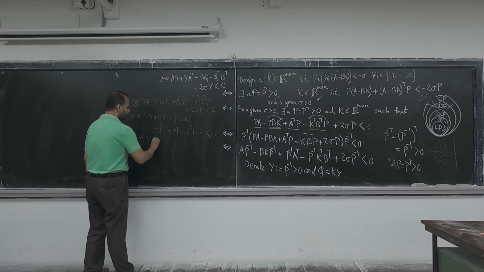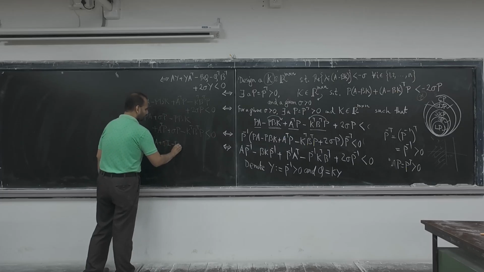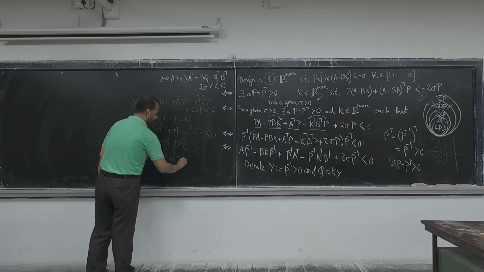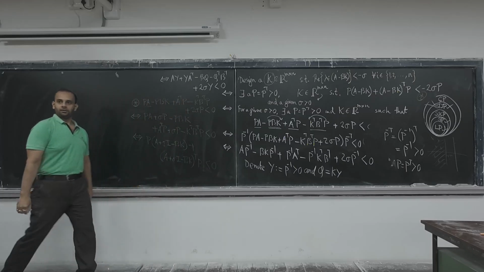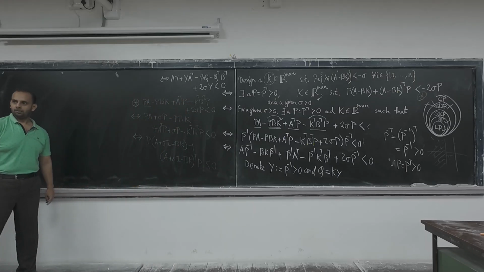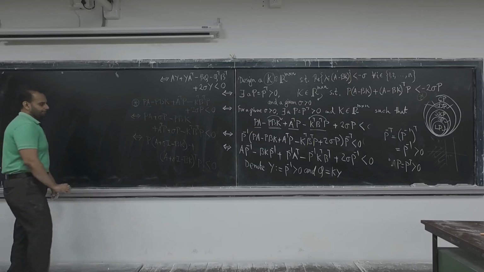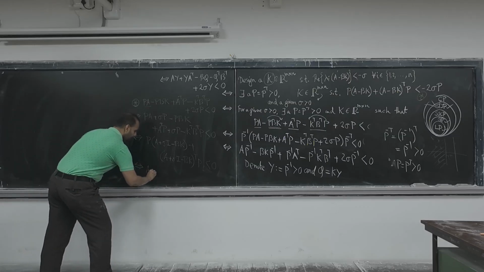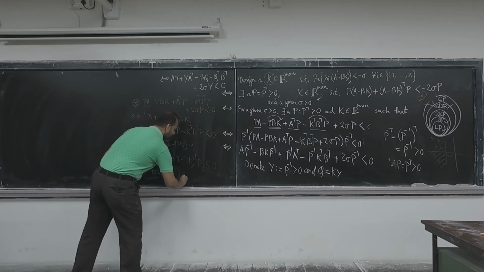From this, can't you write that (A plus sigma I minus BK) plus (A plus sigma I minus BK) whole transpose times P less than 0. So that is nothing but A plus sigma I minus BK, which is ours.